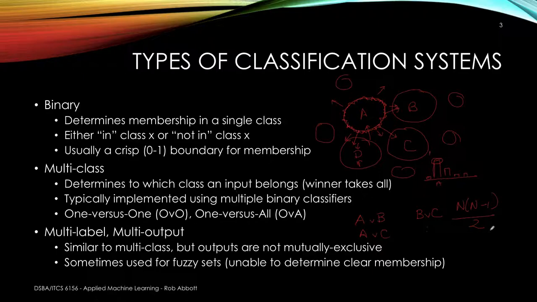So if I've got all of these one versus one classifiers and I execute all of those models and I come back with this B versus C, saying it's most likely in B, and that's the highest value that any of the classifiers returned, I'm going to say that my input is in class B. So I've got a much better discrimination in terms of something being in a class or not in a class by comparing all of the different things that it could be in.